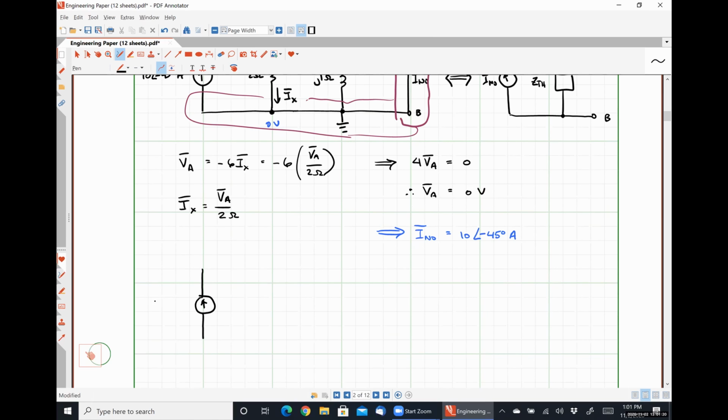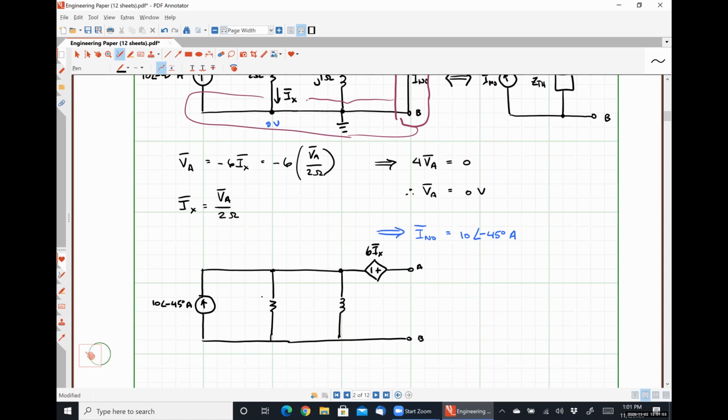Let's see. So we have 10 angle negative 45 degrees amps goes here. Here's terminal A, B, 2 ohms, J1 ohms.